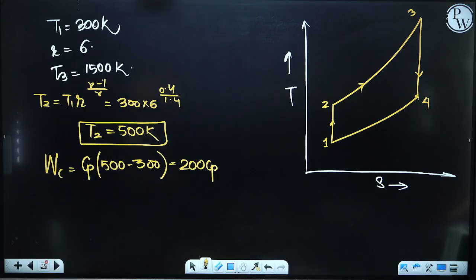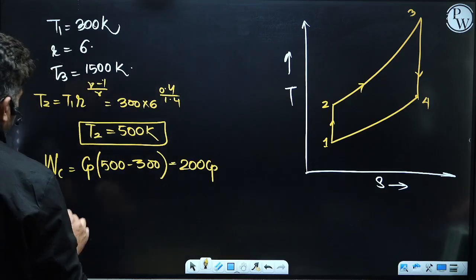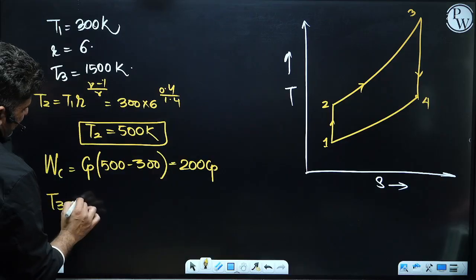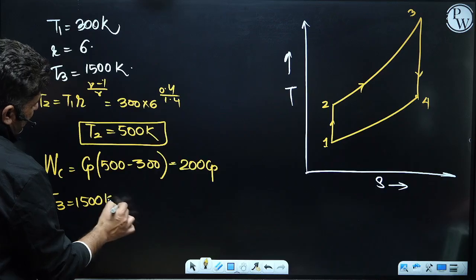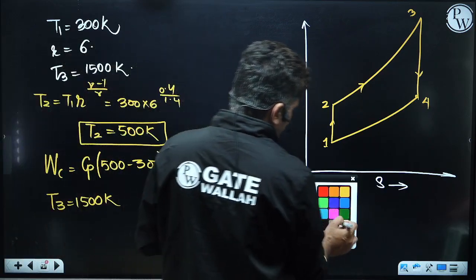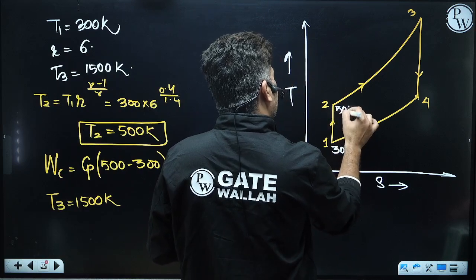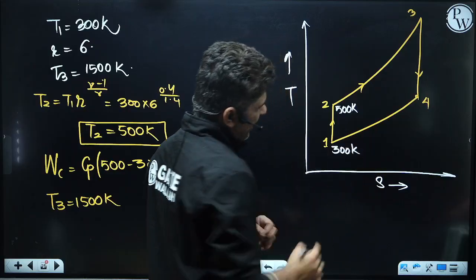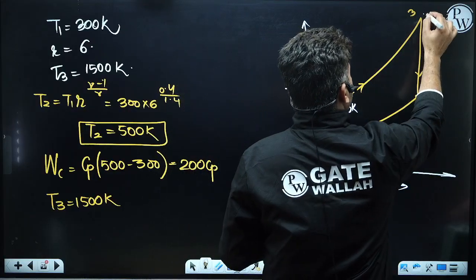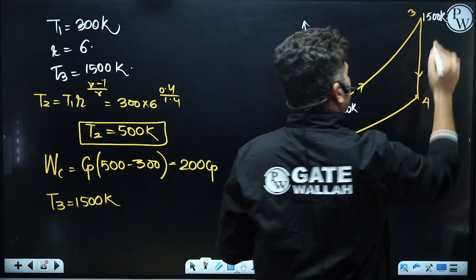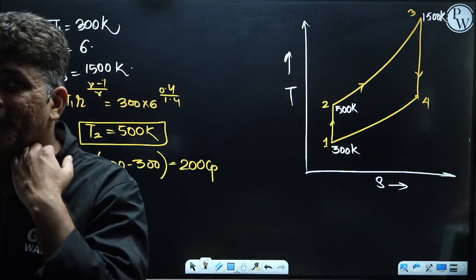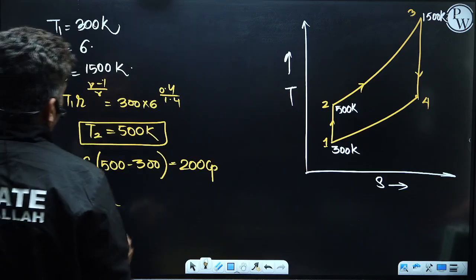Now let's go to the turbine. We have already seen the temperature T3 is 1500 Kelvin. I will write these temperatures over here so that you will better understand the scale: 300 K, 500 K, and this is 1500 K. Now let's calculate T4.